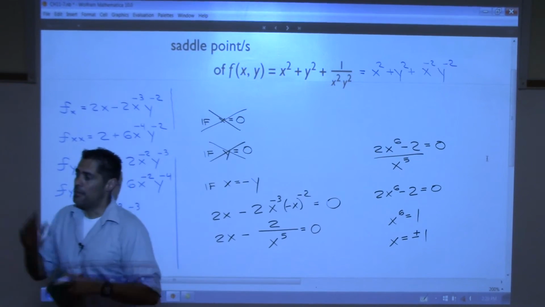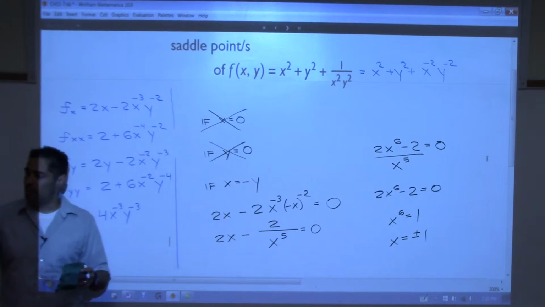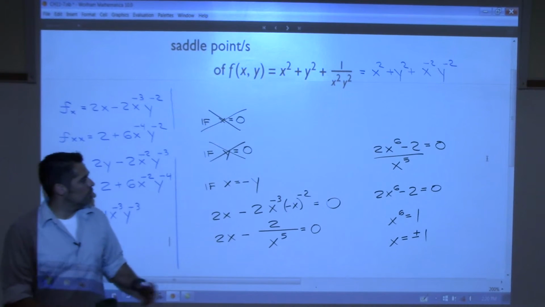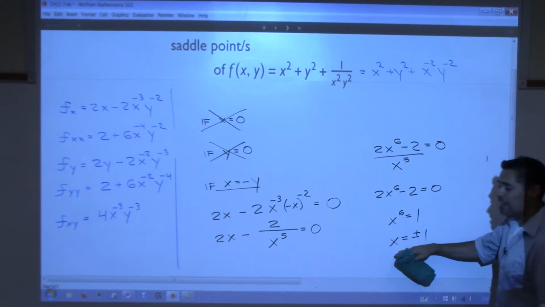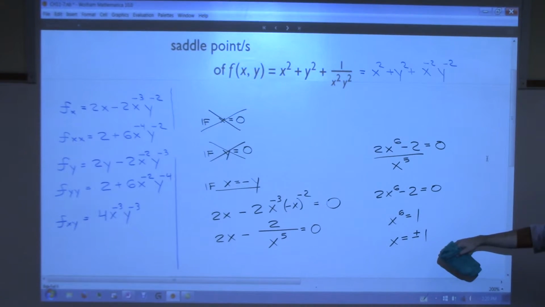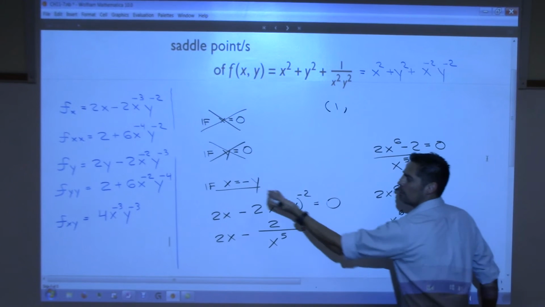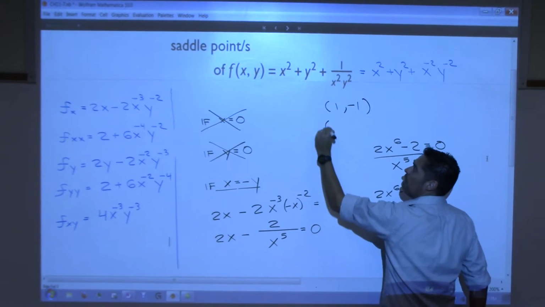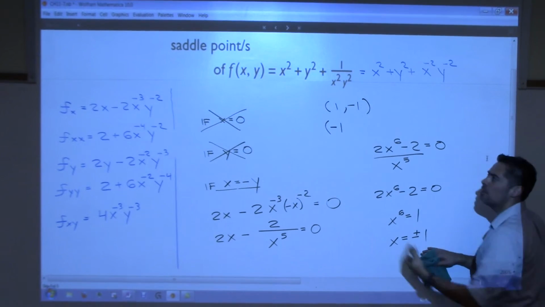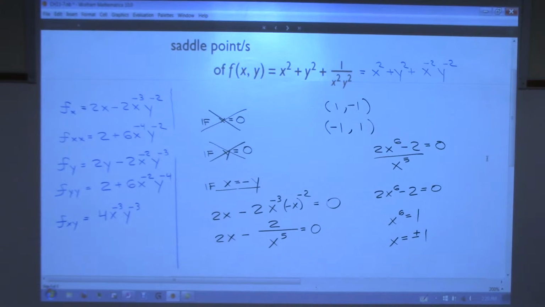If x is negative y, then can we nail down what x is? Can we nail down what y is? We said if x is equal to negative y, then x has to be 1 or negative 1. So let's say x is 1. What's y? The opposite, right? What if x is negative 1? Then y must be the opposite. Understand? Okay, that's if x was negative y.